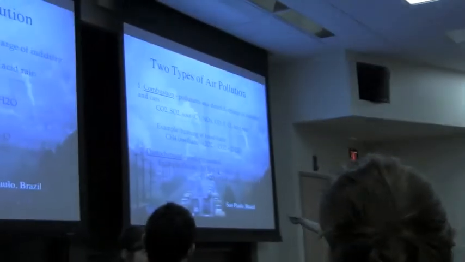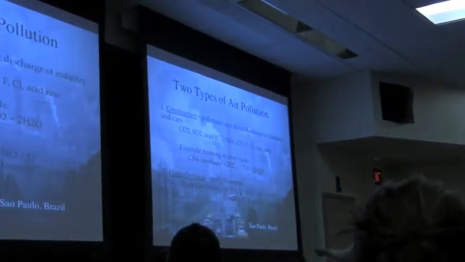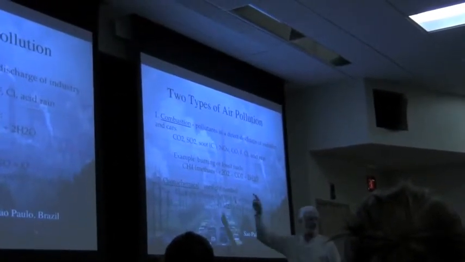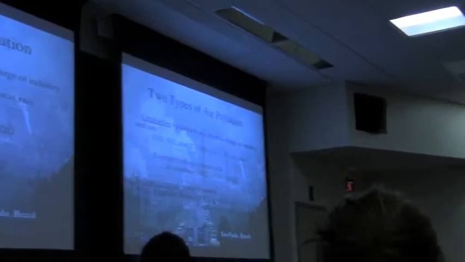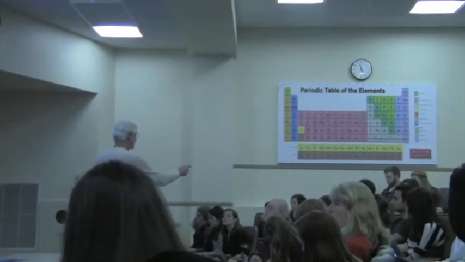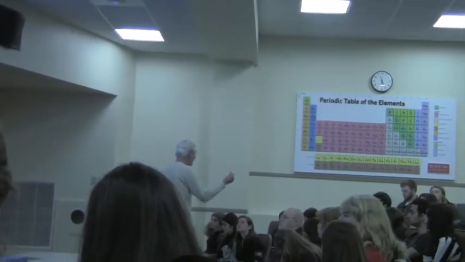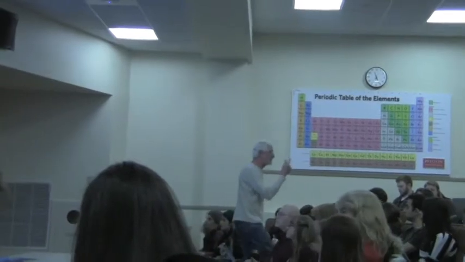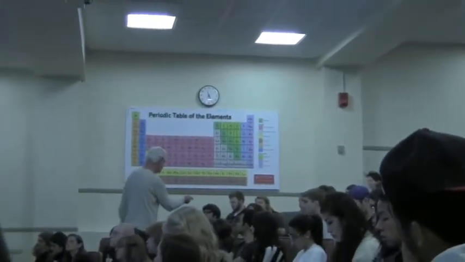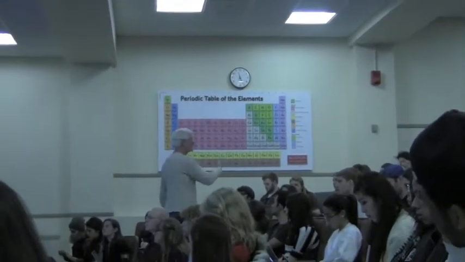So there's ozone. Ozone is created from nitrous oxide, so it's a kind of double-step reaction. Nitrous oxide is combustion. Most of our air is what? Nitrogen. And when I burn a match in air, not only do I make CO2, I'm burning the nitrogen. So I'm making nitrous oxide. We love nitrogen.